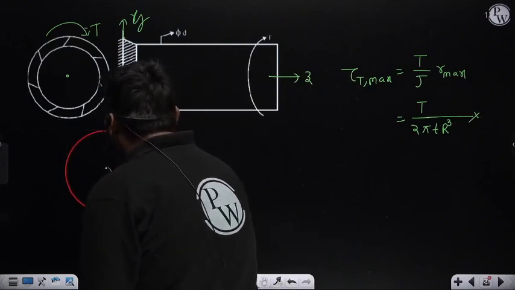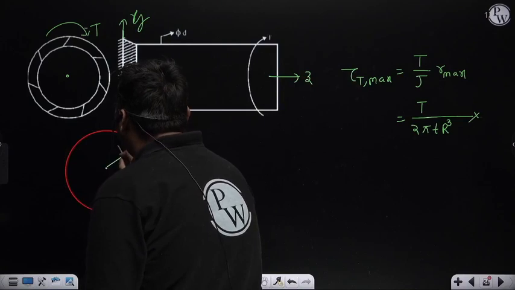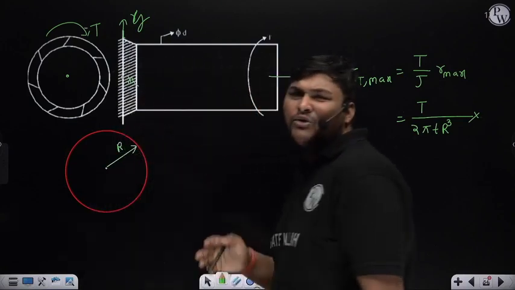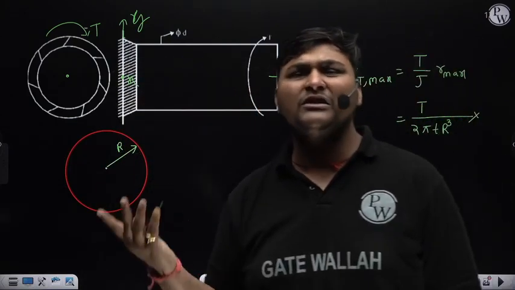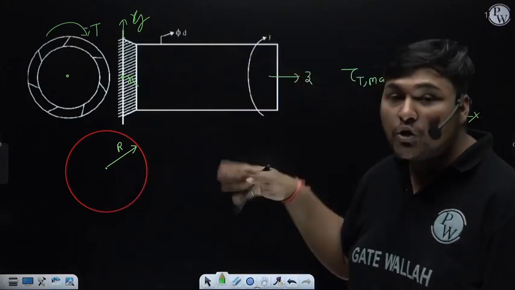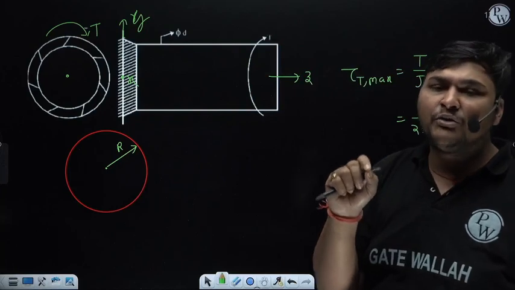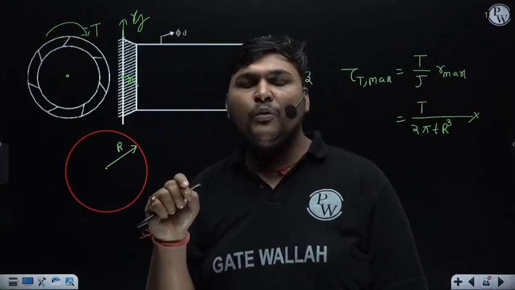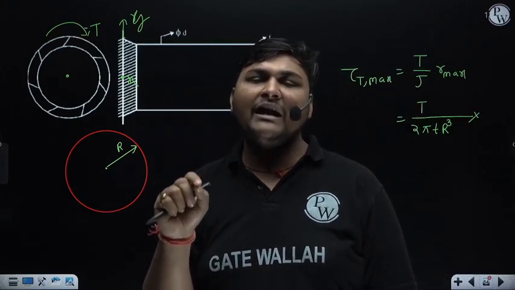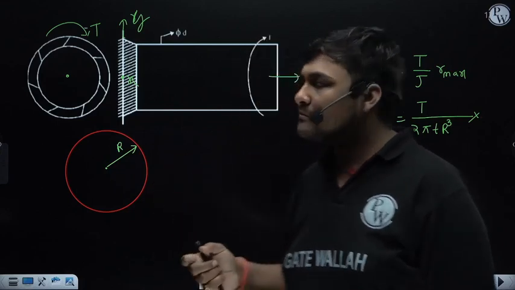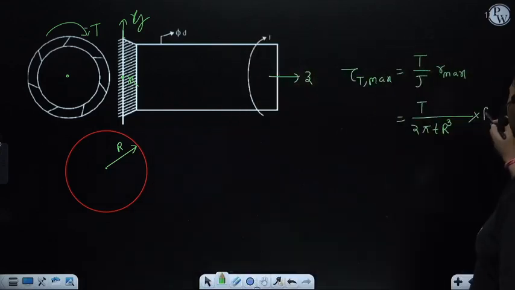If you calculate the maximum radial distance from the centroid, it will be equal to R, and you can take R as the inner radius, mean radius or outer radius. Actually it should be R naught to calculate R max, but while taking distance we are assuming the thickness is very small, so Ri, R naught and R will be near to each other. So I am rightly writing the distance R.